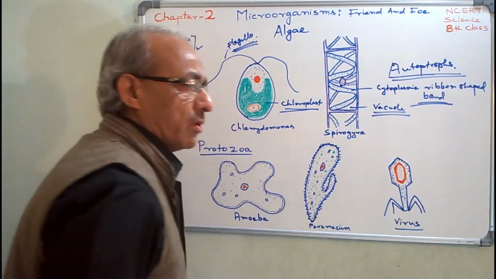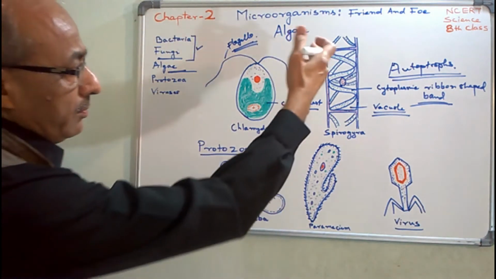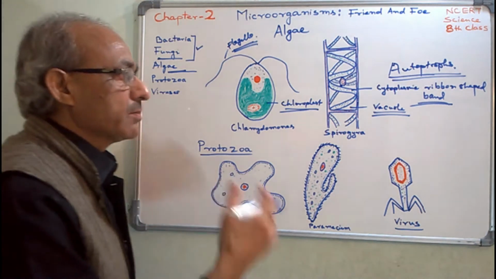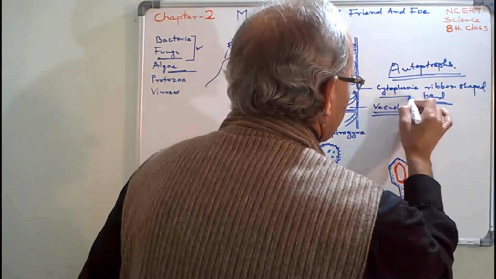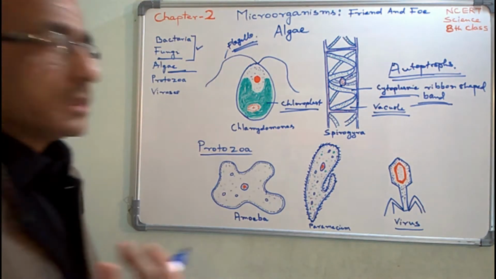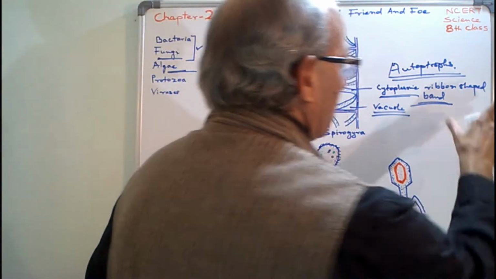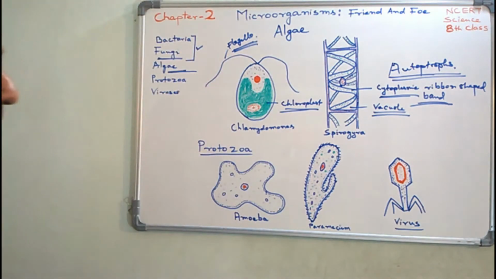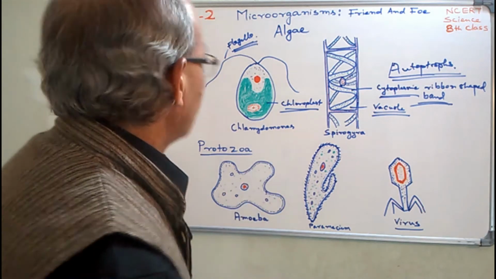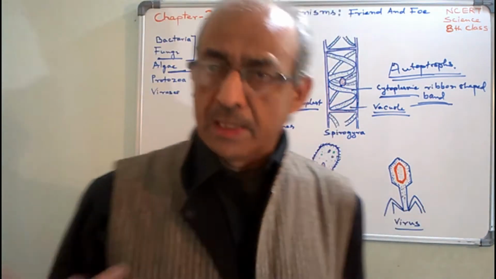Large vacuoles are found in the Spirogyra body. And due to the presence of a number of vacuoles, the cytoplasm gets the shape of a ribbon-shaped band. This is the overall description regarding algae.